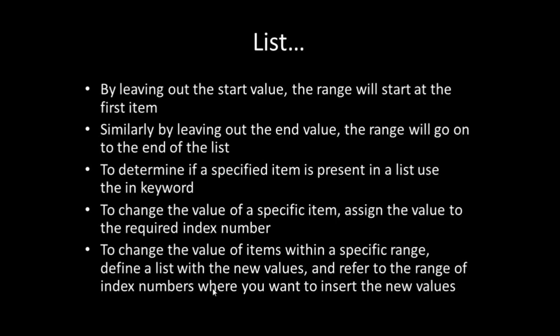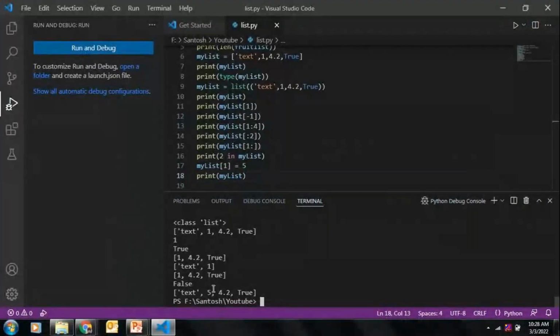Okay, let's say for example you want to change a range of items. So how do you do it? There are two options: one, you assign the value index-wise, or you create a list and assign it to your range. Okay, so how do we do this?